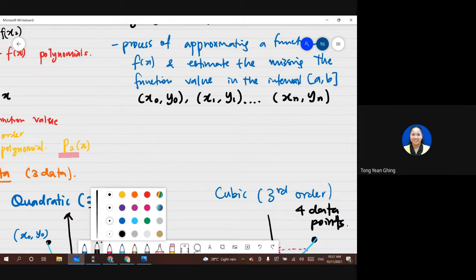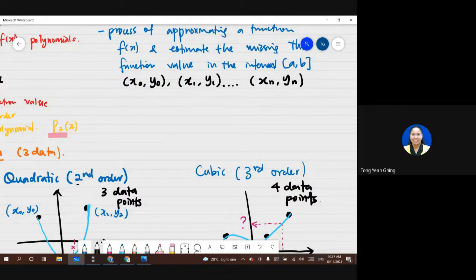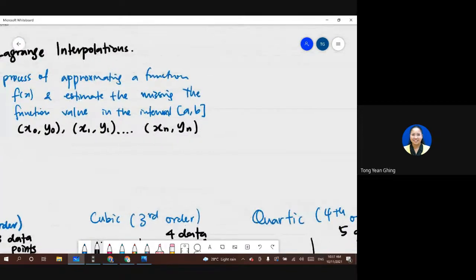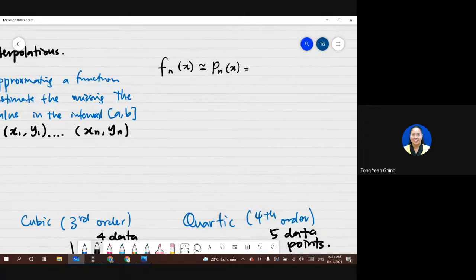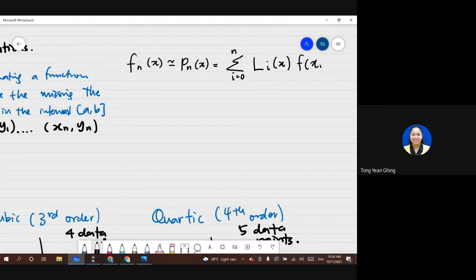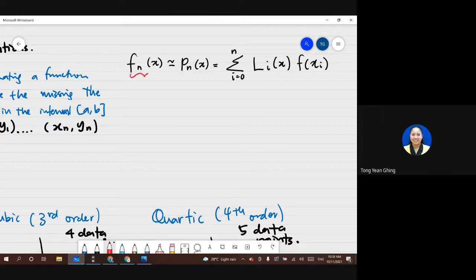So depending on what order the function is, the polynomial function f_n(x) is equal to a summation for i equal to 0 until n of L_i(x) f(x_i), where this is the function, equal to the polynomial.